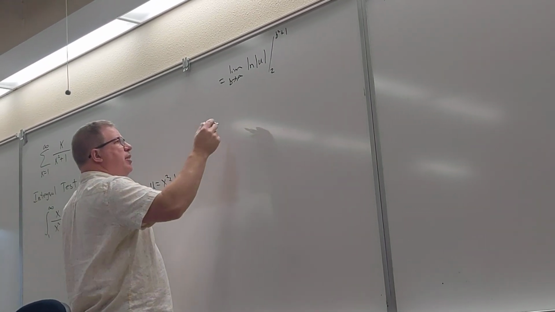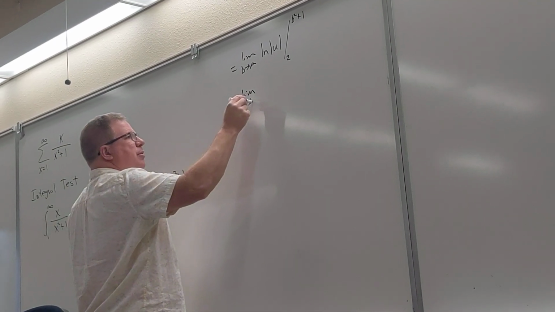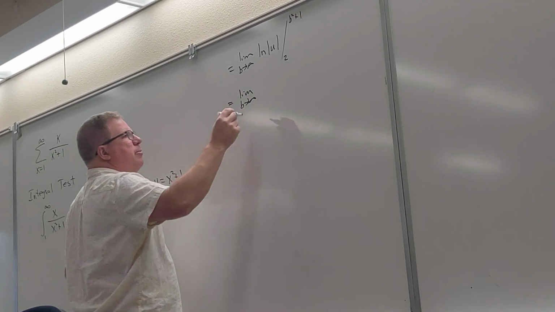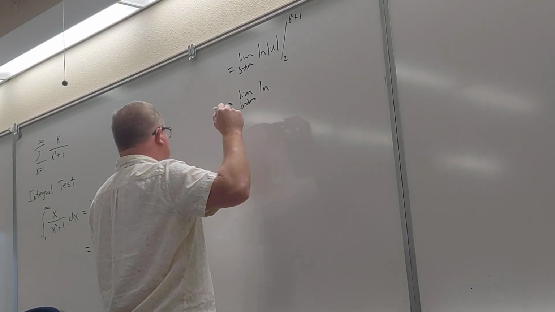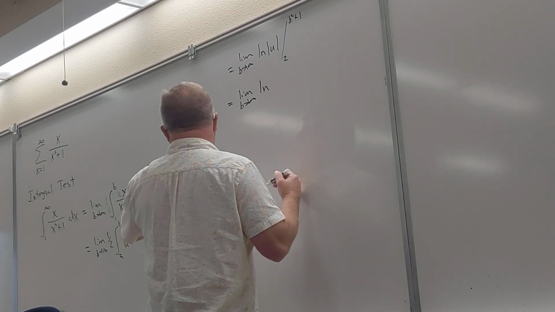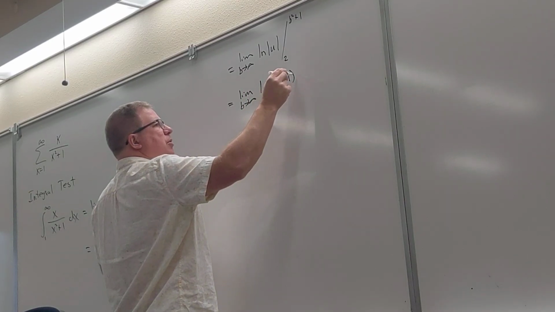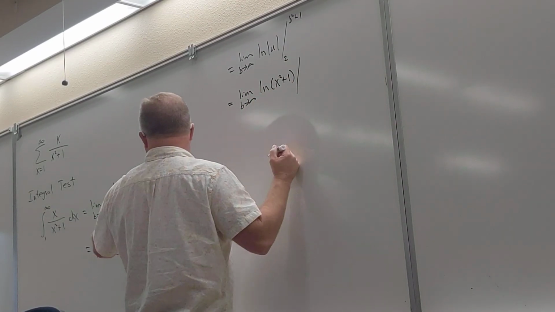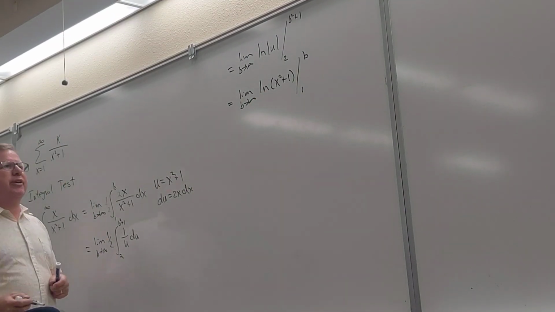So again, usually I would write it back in terms of x. So u is x squared plus 1. That will always be positive, so absolute value is not required. Then we can put our original bounds, 1 to b, back on.